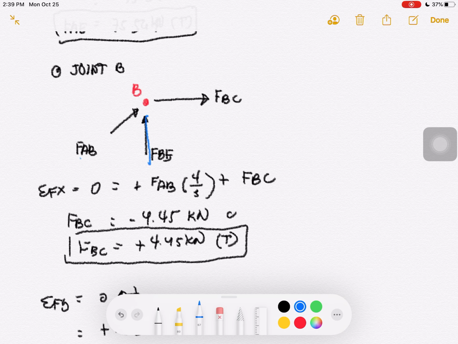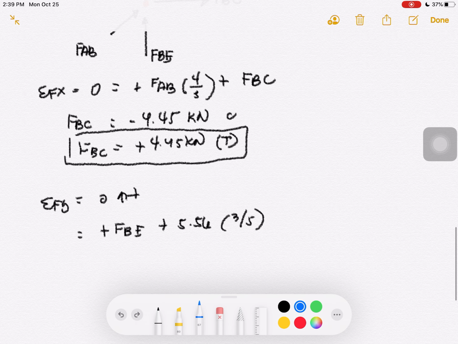Going up. Okay? So parehong positive. Therefore, ang FBE mo is 3.34 kilonewton compression.